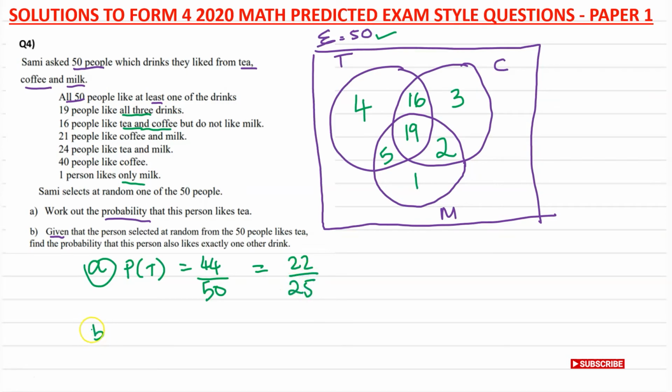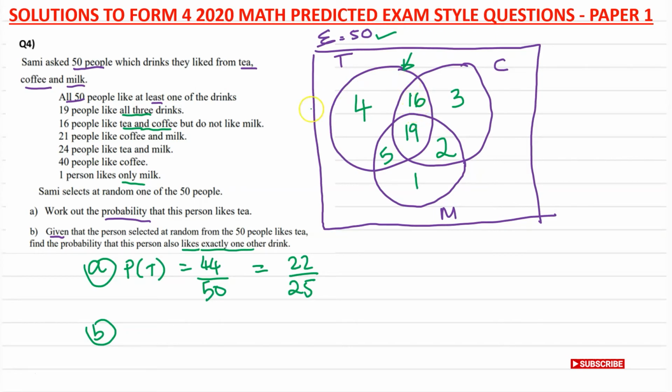And now for B, you're told, given that the person selected at random from the 50 people likes tea, find the probability that this person also likes exactly one other drink. So we already know this person likes tea. So we're looking at this circle only.